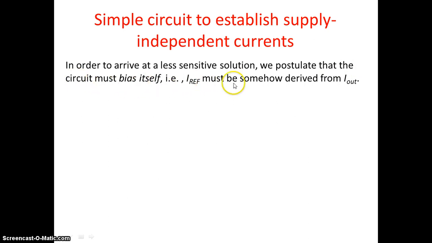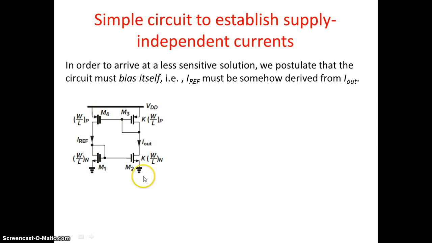That is, I reference must somehow be derived from I out. In order to have a one-to-one relation between input current and output current, I need to make sure that I reference has some mirroring effect on I out.